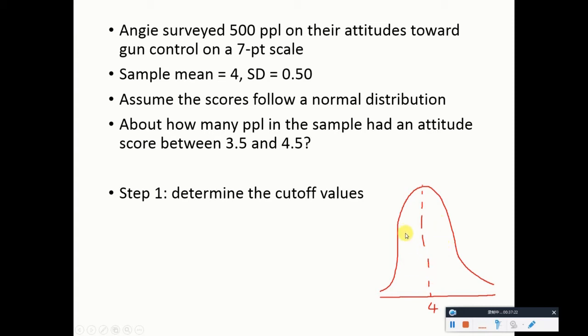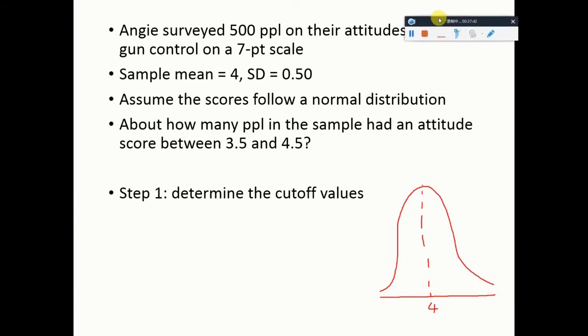We need the boundaries to first specify the part whose area we want to find out. So that translates to the question of where 3.5 and 4.5 are on this axis, which represents values of the variable.